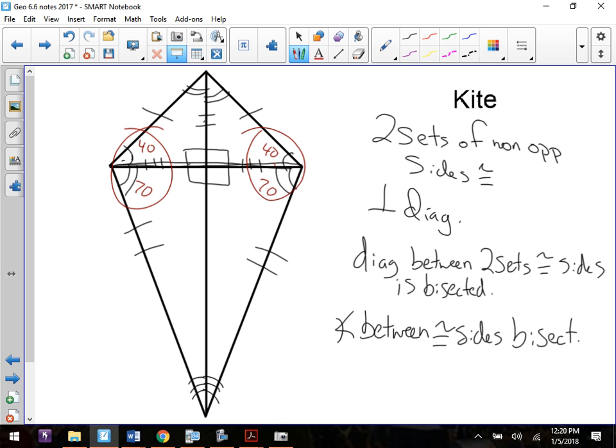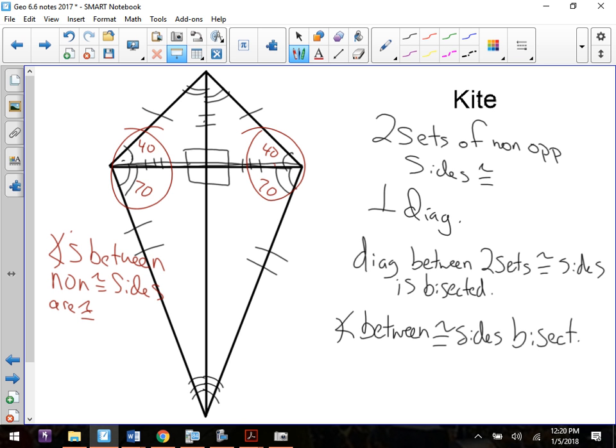Because no matter what this one is, that's going to be the same. No matter what this one is, that's going to be the same. When you add two things together that are the same on both sides, you're always going to get the same number. But the angles between non-congruent sides are congruent. Okay.